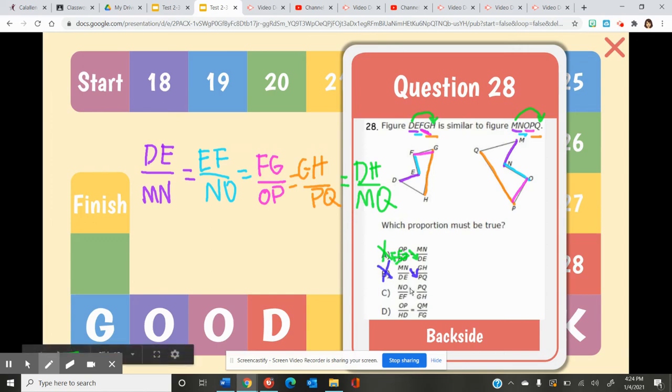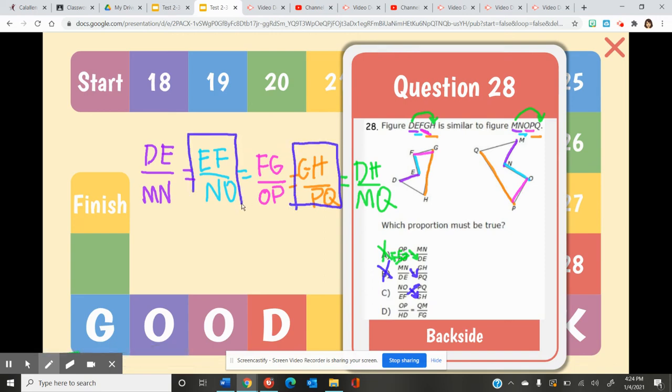Looking at C, I have NO diagonal to DH. That GH, that's true. Whenever those are diagonal to each other, I should have EF and PQ diagonal to each other. So here I'm looking at these. And when EF and PQ are diagonal to each other, NO and GH are also diagonal to each other.